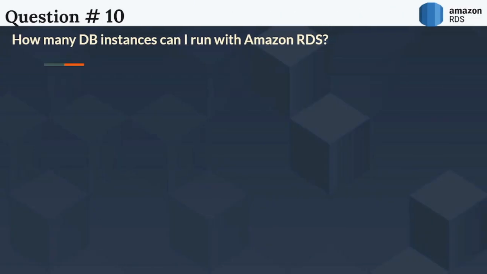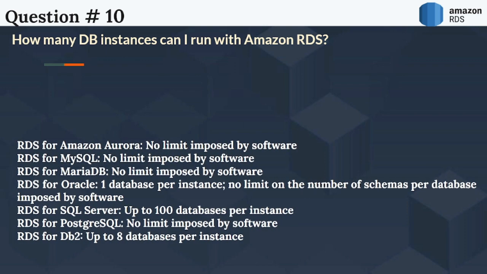So the next question is, how many databases or schemas can I run within a DB instance? RDS for Amazon Aurora: no limit imposed by software. RDS for MySQL: no limit imposed by software. RDS for MariaDB: no limit imposed by software.